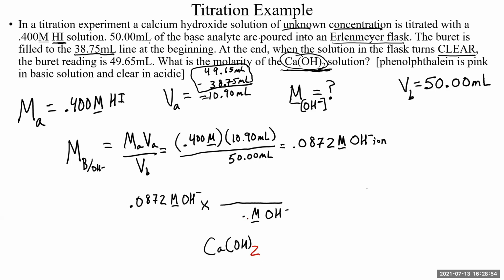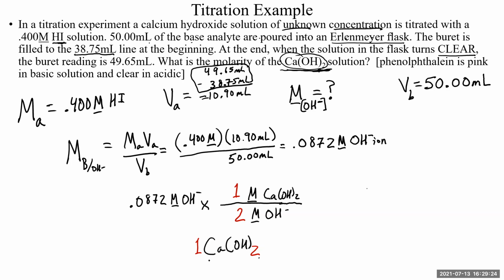It's a 2-to-1 ratio of hydroxides to calcium hydroxides. So every 2 molar hydroxide is 1 molar calcium hydroxide. In other words, we have half as much calcium hydroxide formula units as we have hydroxide formula units, because there are twice as many hydroxides for every calcium hydroxide, right?